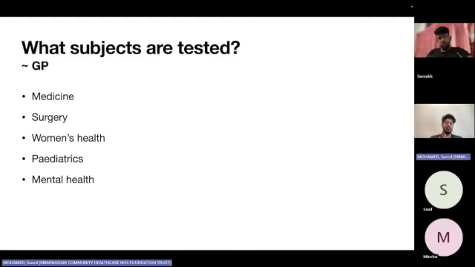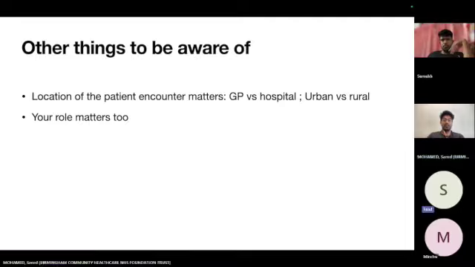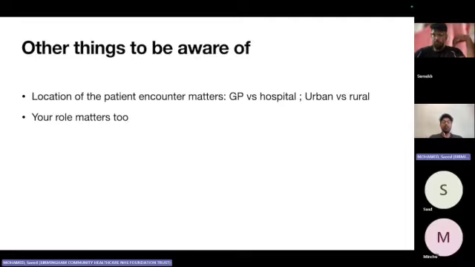These are the broad subjects, and once you qualify and enter training as a GP, these are the things you will be seeing in your day-to-day work. So anything that's important from a primary care perspective is important here. Also, you will have a scenario which will tell you whether you're in a GP setting or in a hospital setting. That's quite important because the way you manage a case changes based on that.